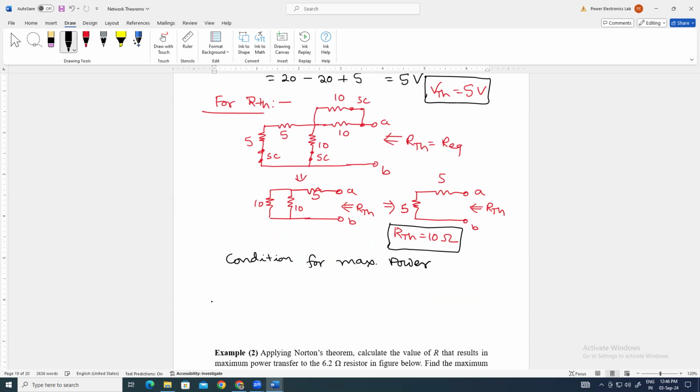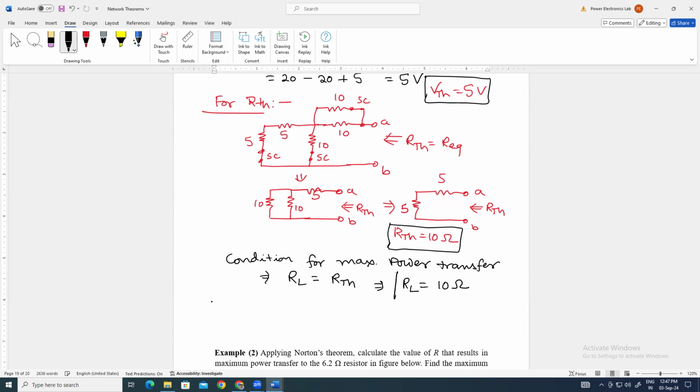Condition for maximum power transfer: RL must be equal to RTH. So it means what will be the value of RL? RL will be equal to RTH, that is 10 ohm.